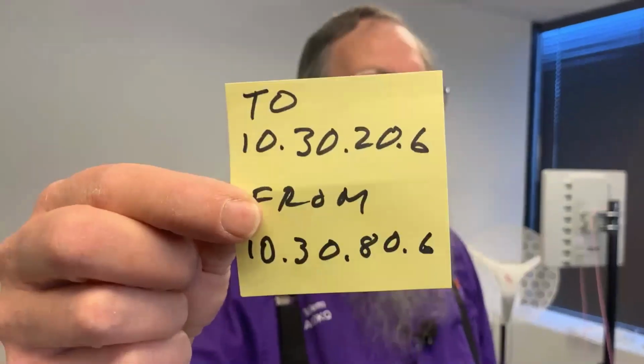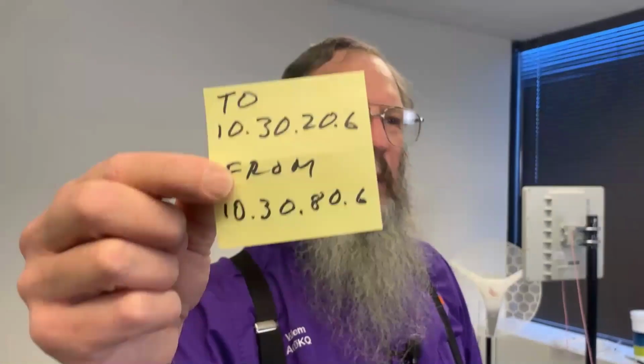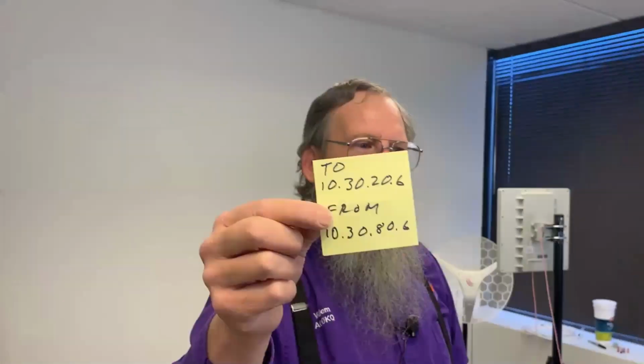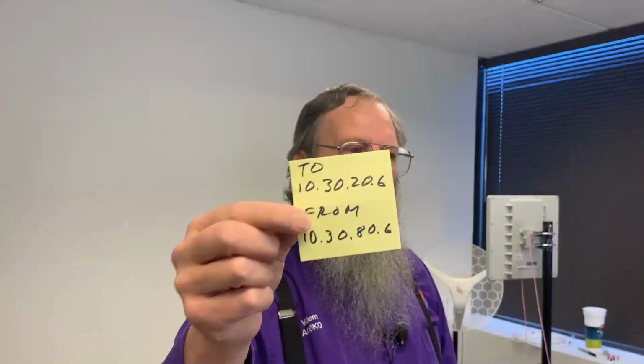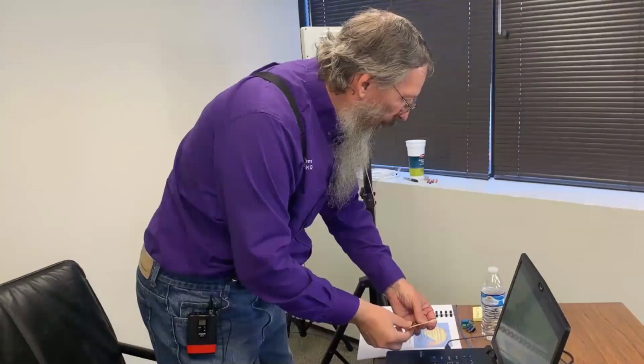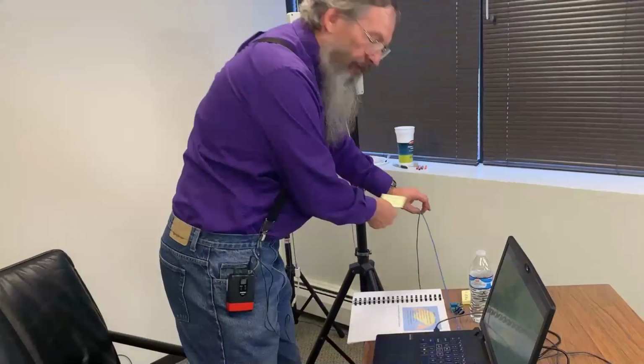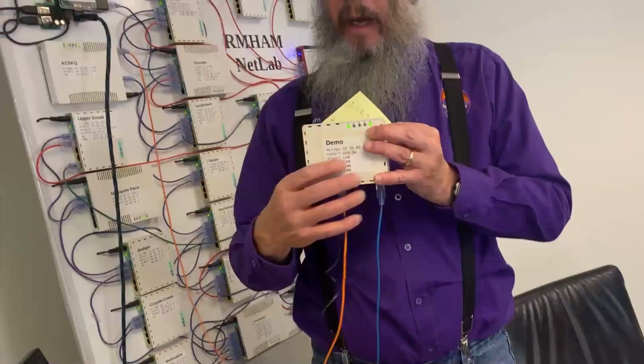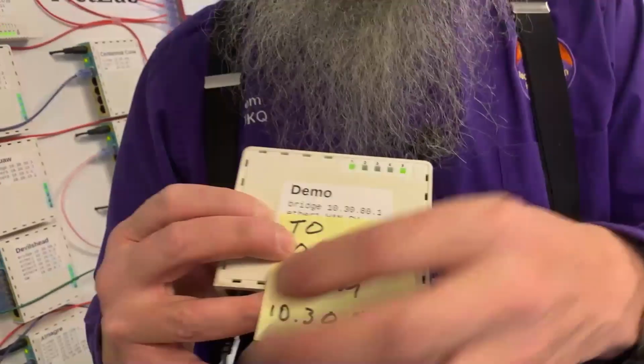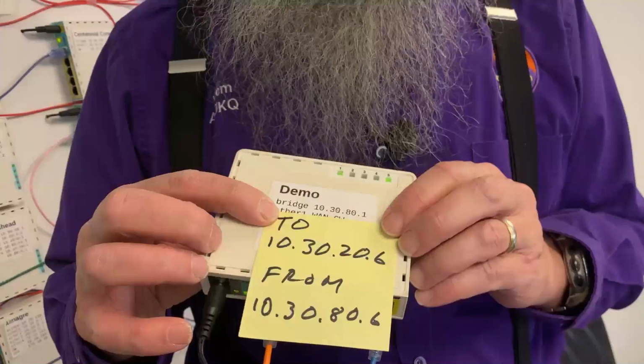How is this packet going to get to Thoroden? It's going to go from my laptop down this blue wire, get to this device, and it says, okay, I want this to go to 10.30.20.6.